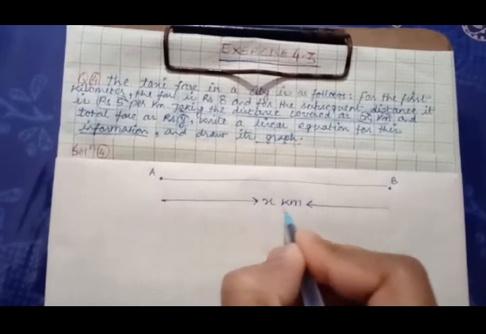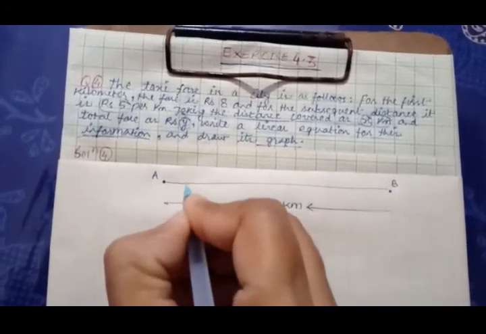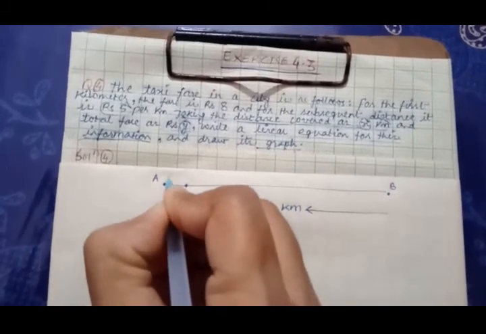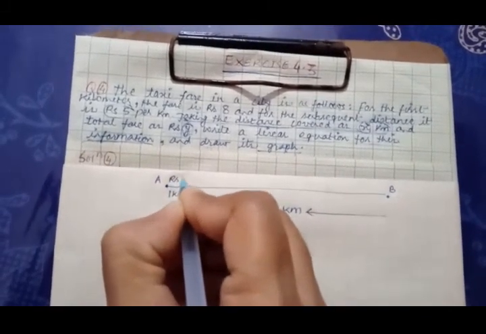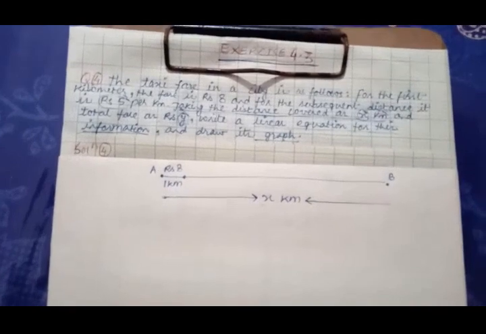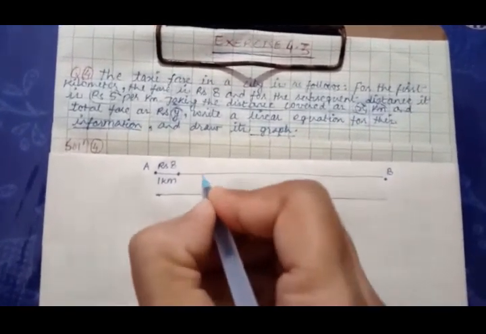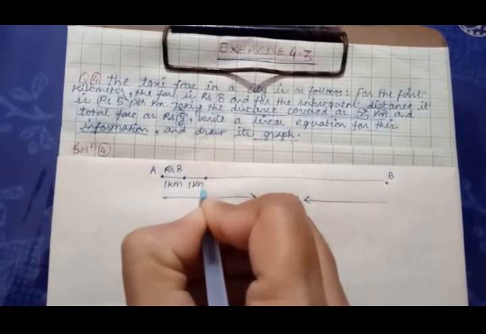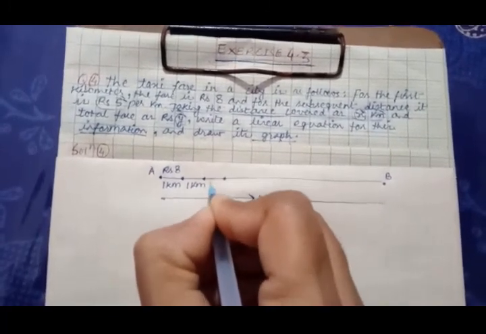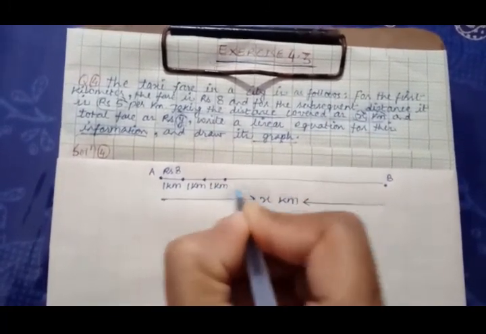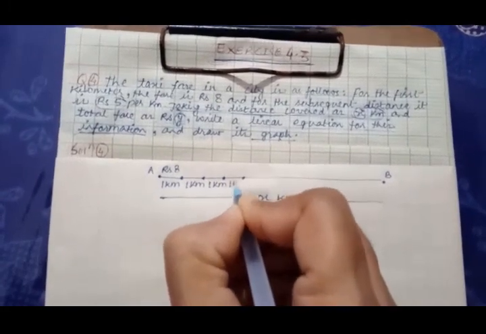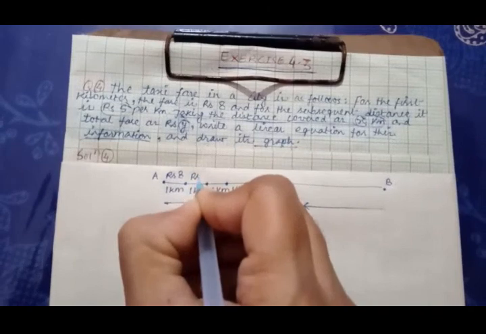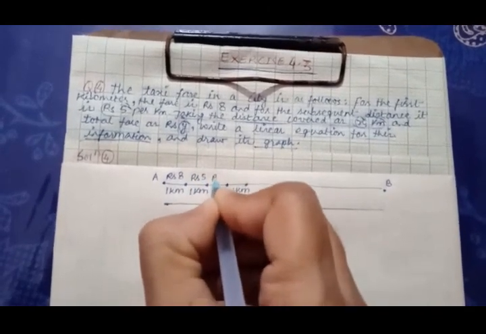Out of this total x kilometer, the first 1 kilometer is covered at the fare of rupees 8, and thereafter each 1 kilometer is covered at the fare of rupees 5.